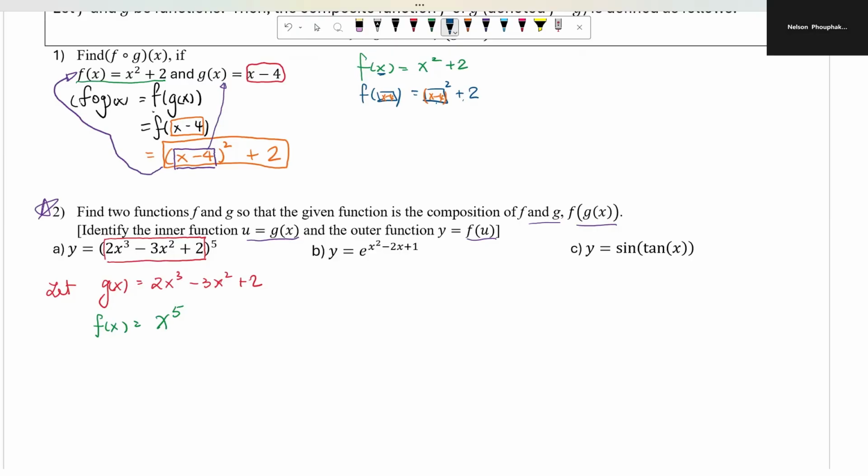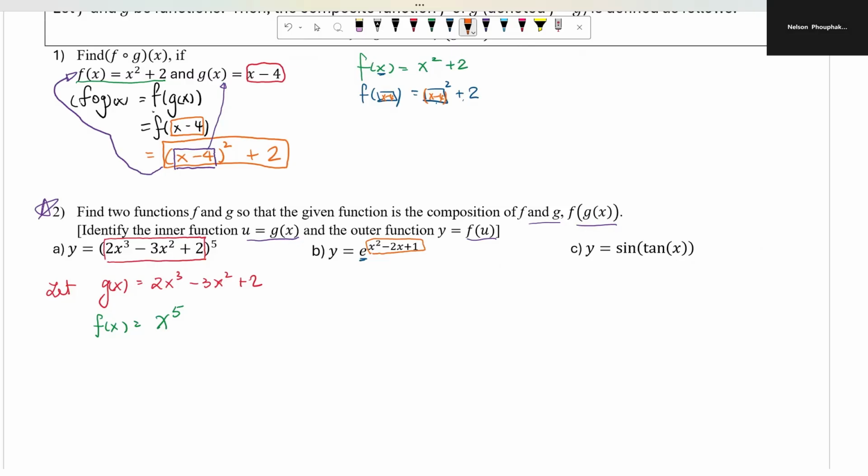And how about part b now? In this case, you will see that the function y equals e to the x squared minus 2x plus 1 works with the exponential function. So for the exponential function, we can assign x squared minus 2x plus 1 to be the inner function, which is the power of e.